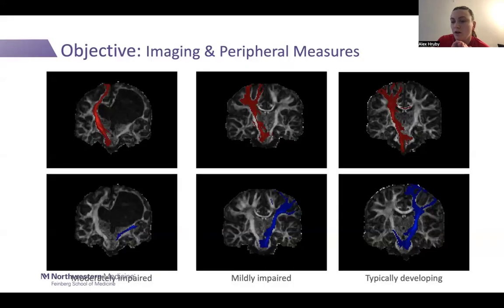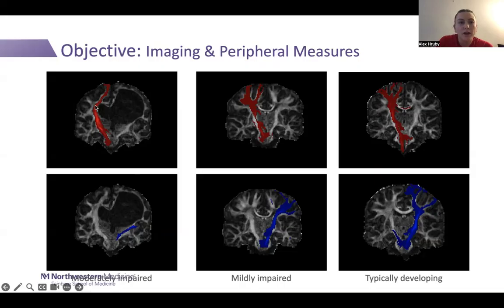Those are two really good landmarks for finding the corticospinal tract. Then the software algorithm connects them and drives that connection up to the cortex as well. You can see in these images an example of a moderately impaired individual, and you can see they obviously had this hemisphere of their brain affected pretty significantly by ventricle enlargement.